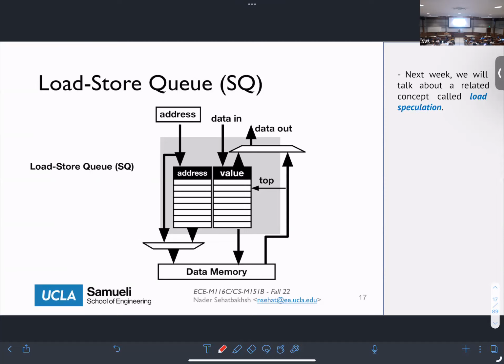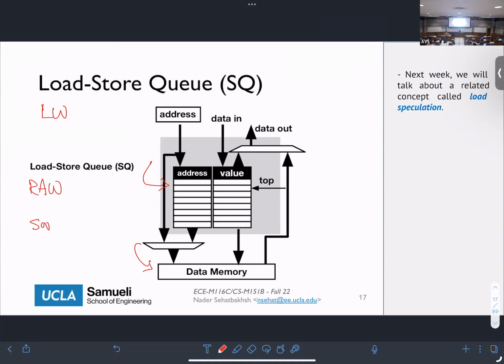If the value is not in the queue, then we're going to go to our memory. So what happens for a load is, if we have a RAW data hazard, we're going to have a store, and we're going to put that store into this queue as I described earlier.